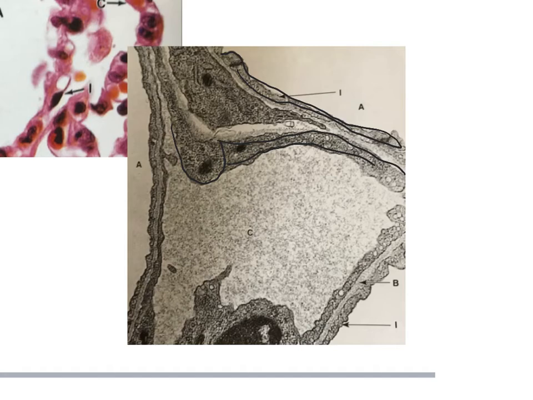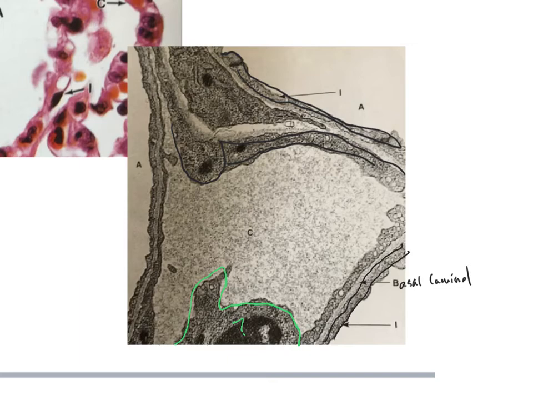B here stands for the basal lamina. So you have another type 1 pneumocyte right there. What do you think this cell is down at the bottom? Where is it? What size is it?